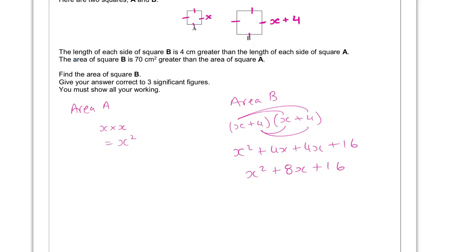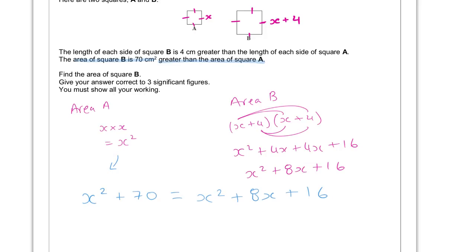The area of square B is 70 centimetres squared greater than the area of square A. So that is saying that square B is 70 bigger than A. Okay? So that means the area of A plus 70 must equal the area of B. Do we agree or disagree?